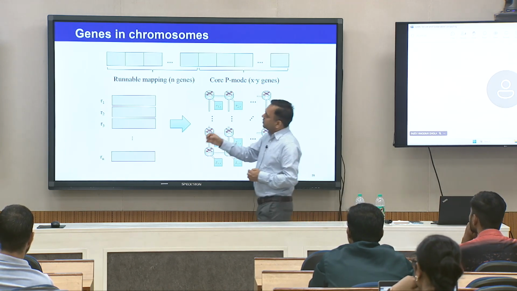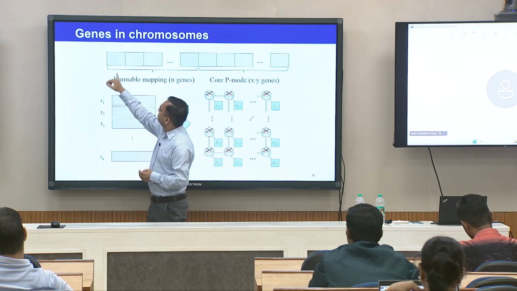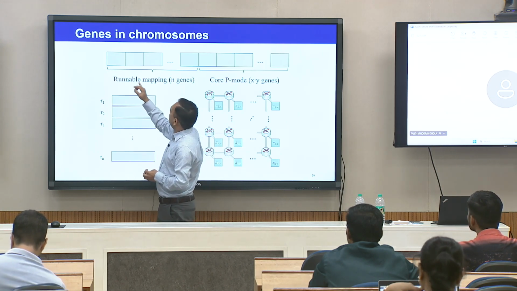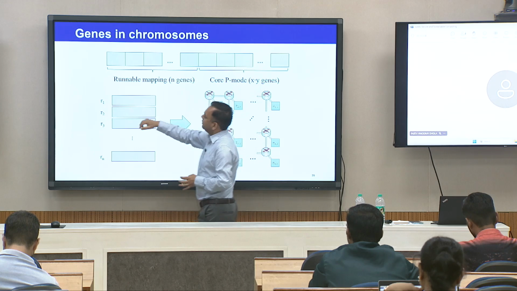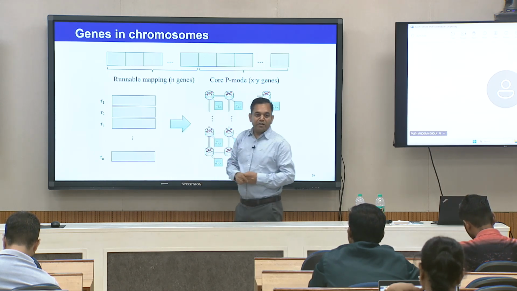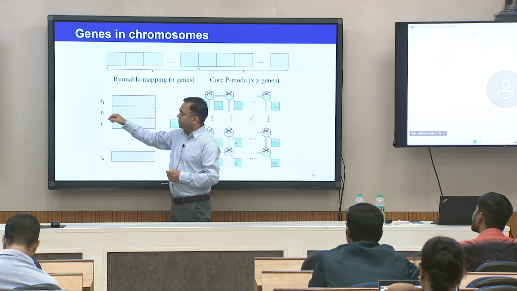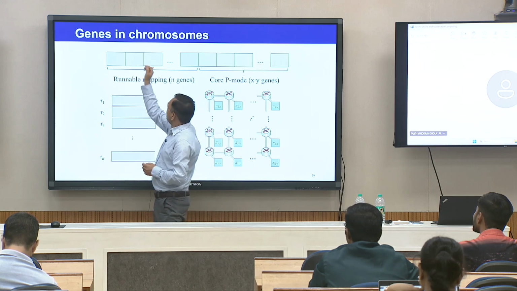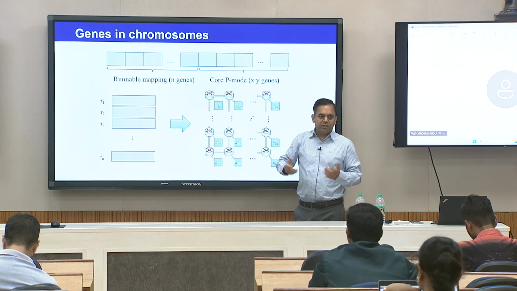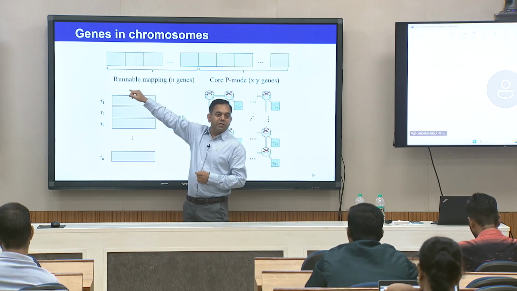How will this be done? Each of these represents a runnable. To find the mapping, you have to find out where runnable 1 is going to be mapped, where runnable 2 is going. Inside each of these you can put the core number it is going on.